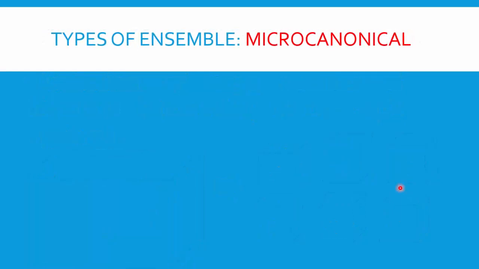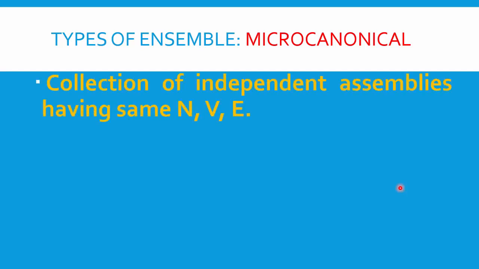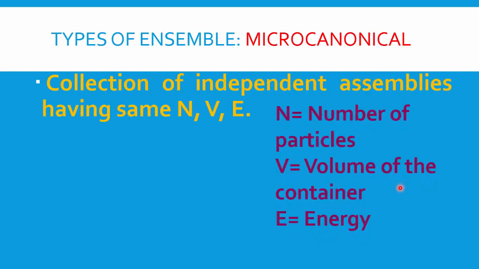Now there are basically 3 types of ensemble: the microcanonical ensemble, the canonical ensemble and the grand canonical ensemble. When you say ensemble, that means the collection of snapshots of the motion of particles.